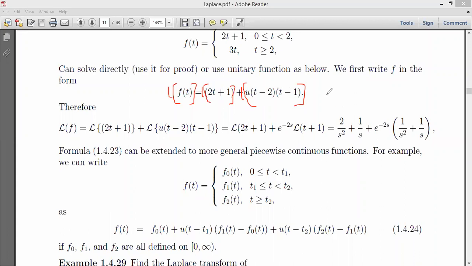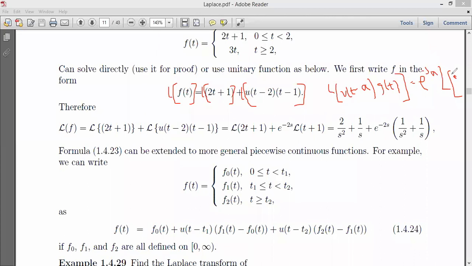You realize that we had by definition that if you have L of u of t minus a times g of t, we said this one simply gives you e to the minus s a, and the whole thing is L of g of t plus a.